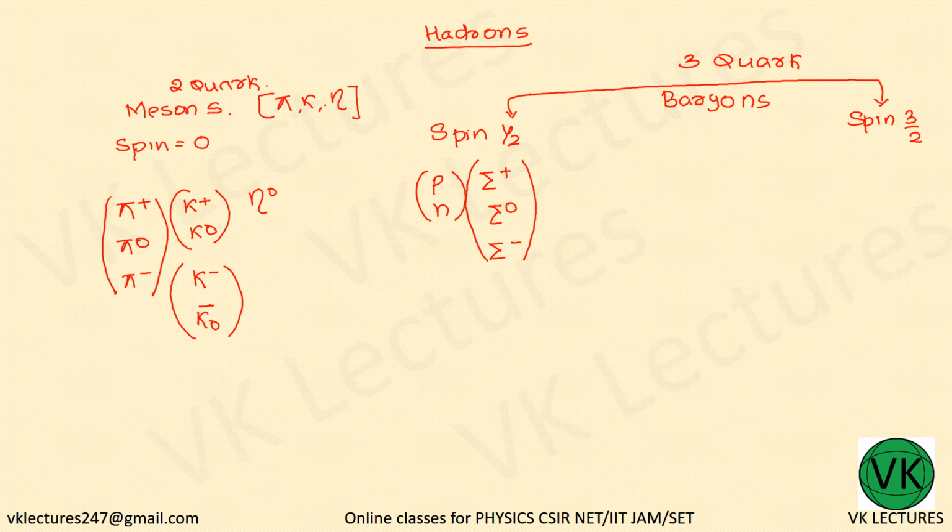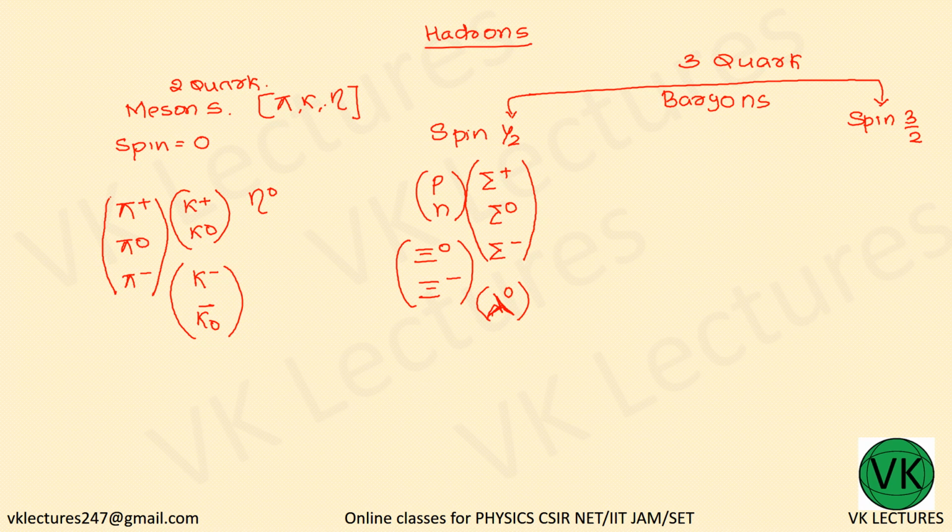And xi naught and xi minus, this is the group 3. And lambda naught, it is the group 4. That is the single particle group. Okay, so lambda naught, this is lambda.